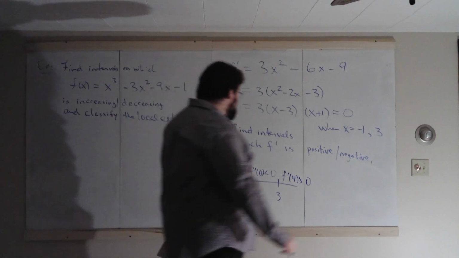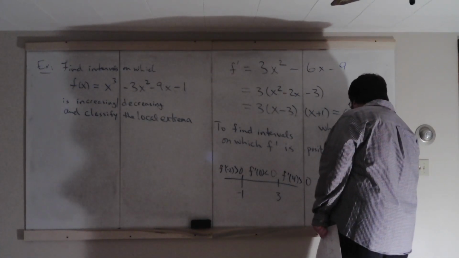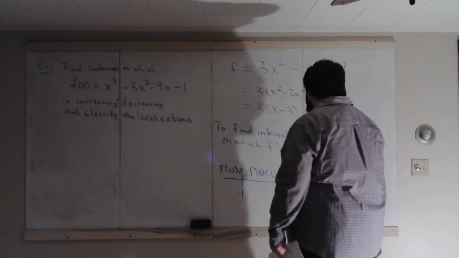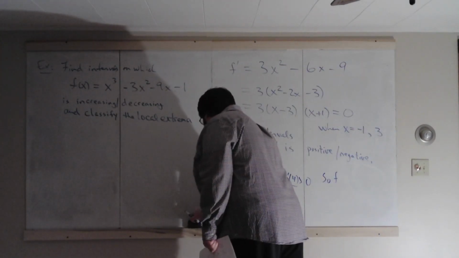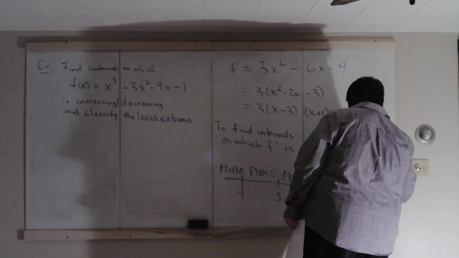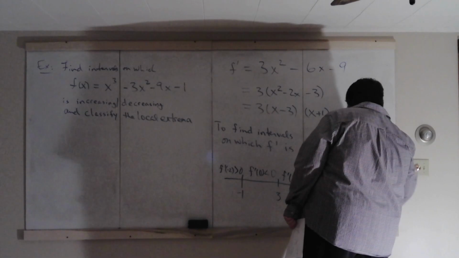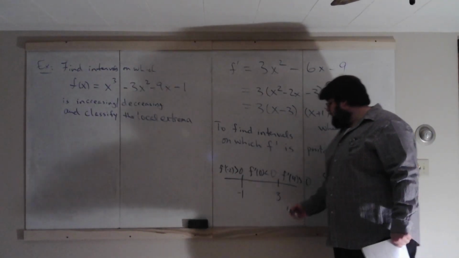And we can conclude from this, so f prime, or what do we want to conclude, where it's increasing or decreasing? So f is increasing wherever it's positive. So it's positive over here and it's positive over here.